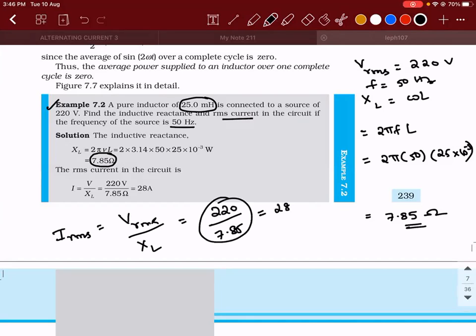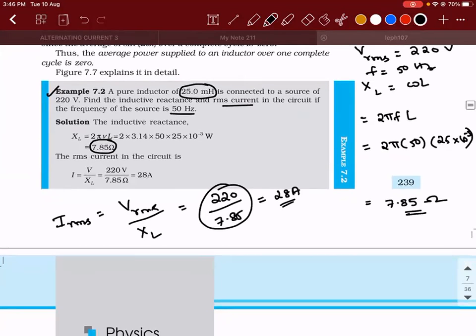On solving this, you will get 28 ampere. Okay. So this is how you solve a problem based on pure inductance.